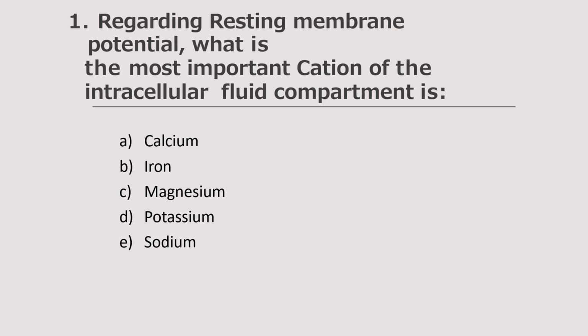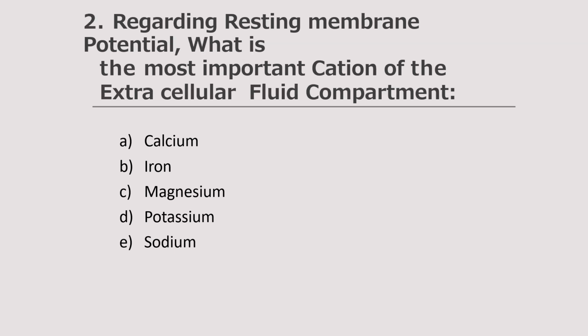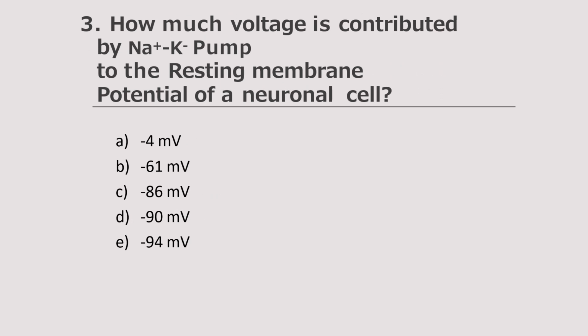So the first one is regarding resting membrane potential. What is the most important cation of the intracellular fluid compartment? Next, what is the most important cation in the extracellular fluid compartment? How much voltage is contributed by the sodium potassium pump to the resting membrane potential of a neuron cell?